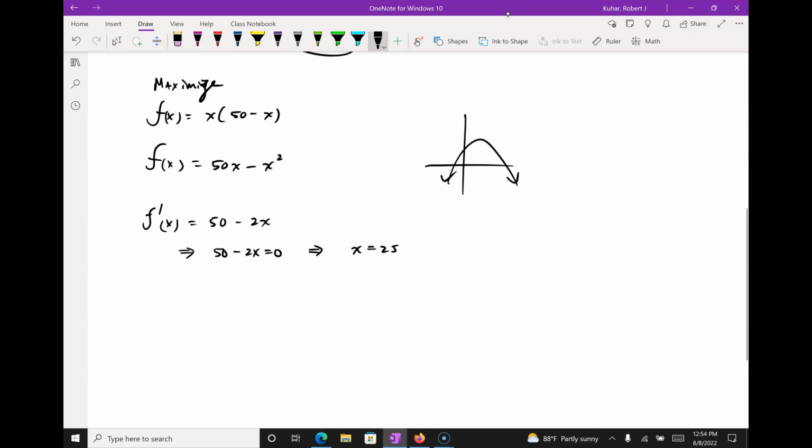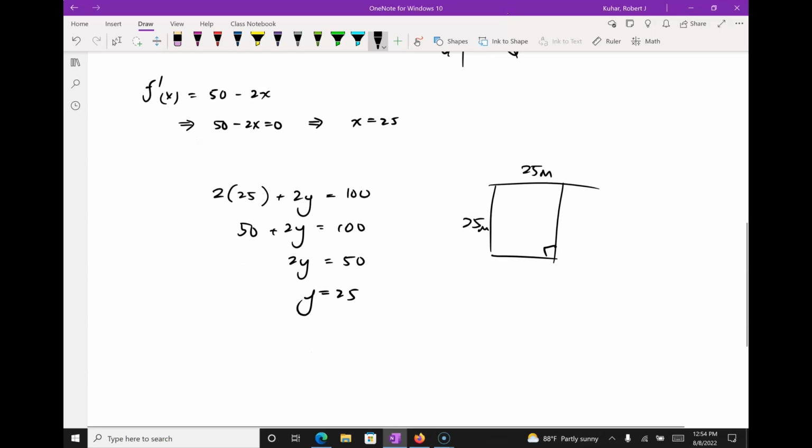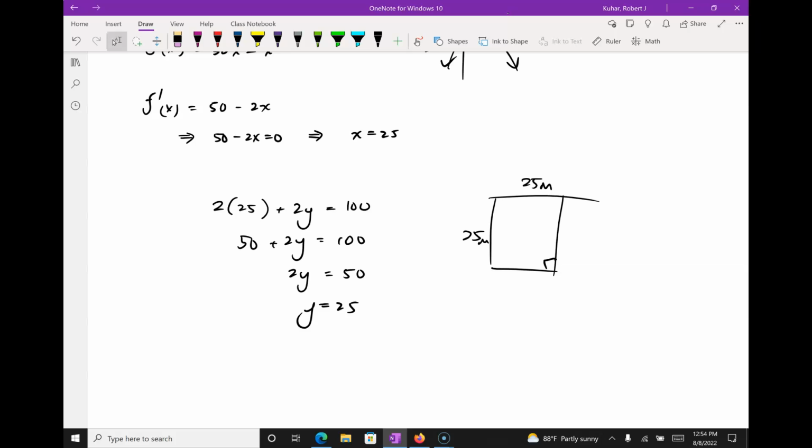So I know that 2 times 25 plus 2y is 100, right? So it looks like y is 25 as well. Is that right? So it turns out my rectangle is a square, right? So I'm trying to conclude.